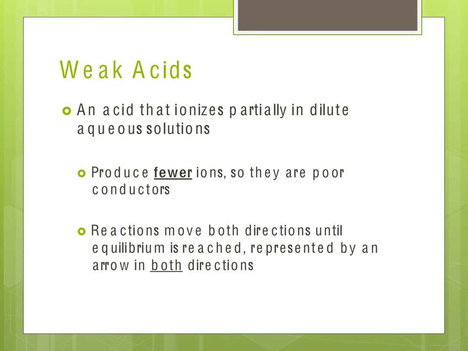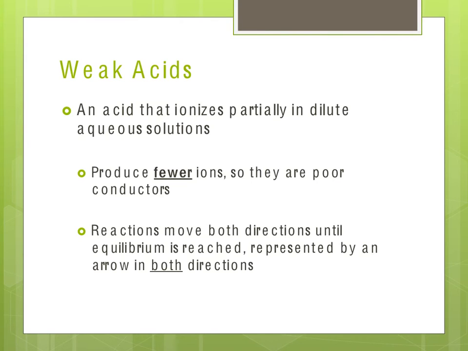When we write the equations for weak acids, the reactions move in both directions until equilibrium is reached, which means some of the molecules are going to come apart into H+ ions and the constituent ions. So let's say we have acetic acid again. Some of it's going to come apart into H+ and acetate ions, but then not all of it.